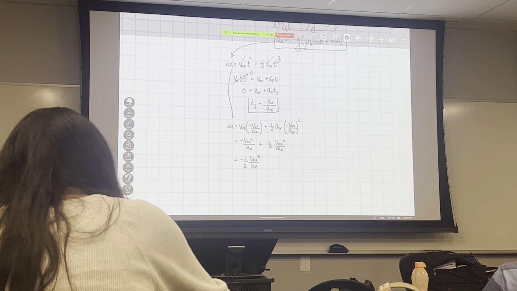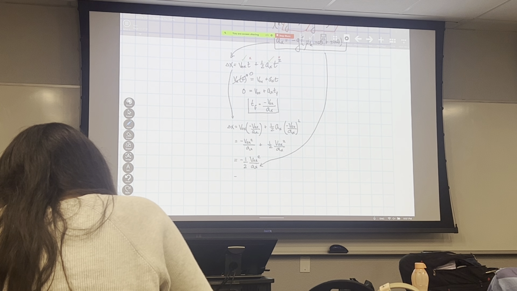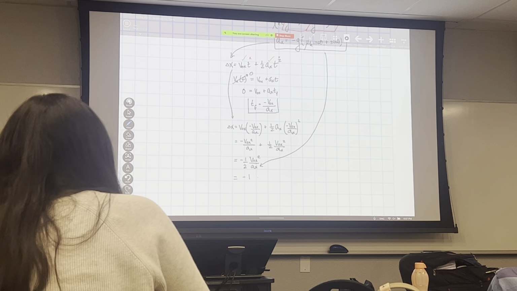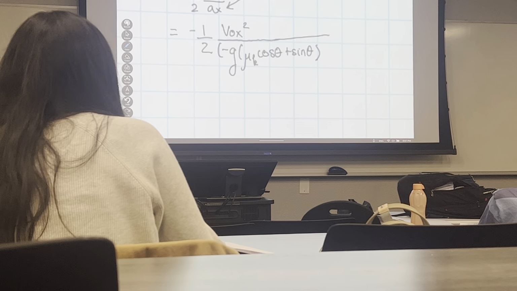And we can finally substitute our acceleration expression into here, so we get negative 1/2 v naught x squared over negative g mu k cosine of theta plus sine of theta.